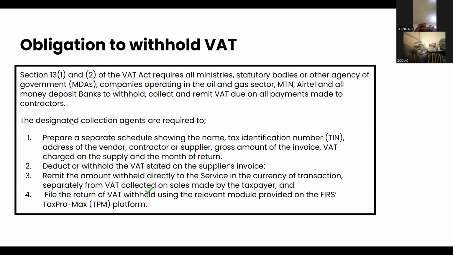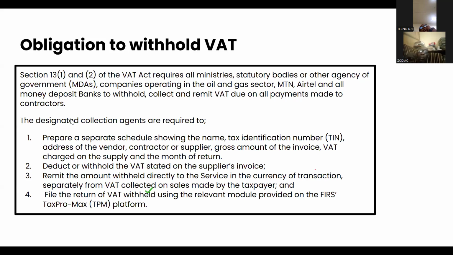The designated collection agents are required to: 1. Prepare a separate schedule showing the name, tax identification number (TIN), address of the vendor, contractor, or supplier, gross amount of the invoice, VAT charged on the supply, and the month of return.